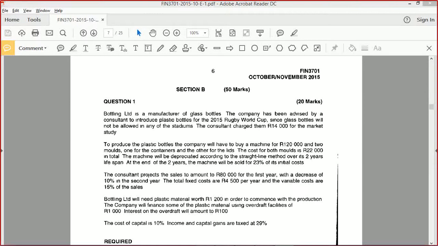Is it May, June 2015, or October, November? It's October, November, the one with Afrikaans. I just want to have the other information in front of me, about the number of years and stuff.